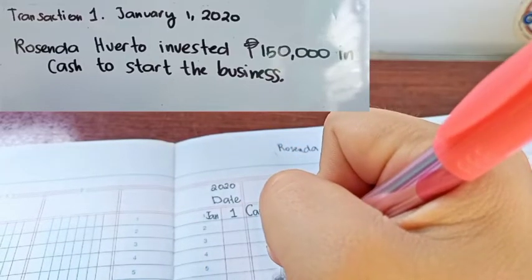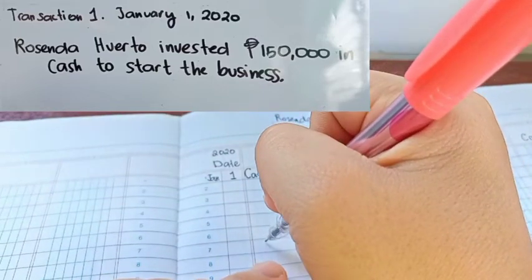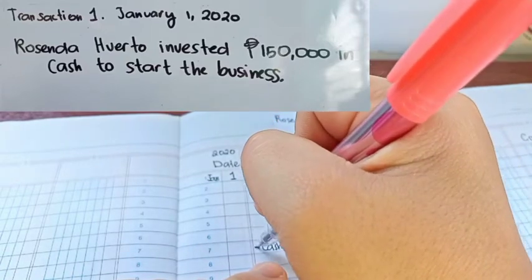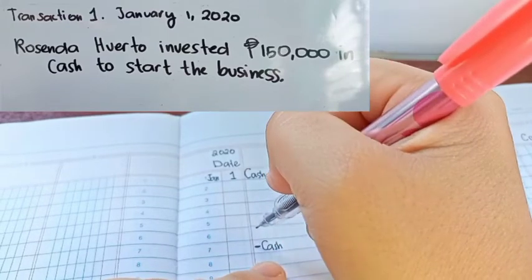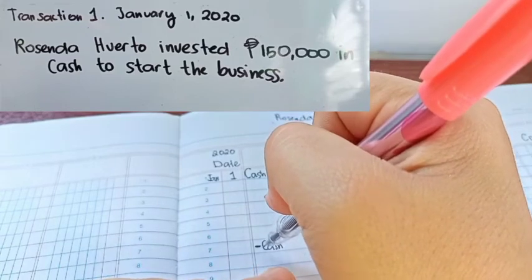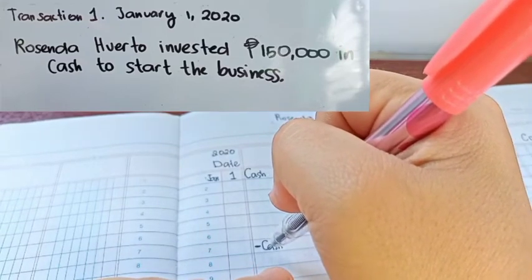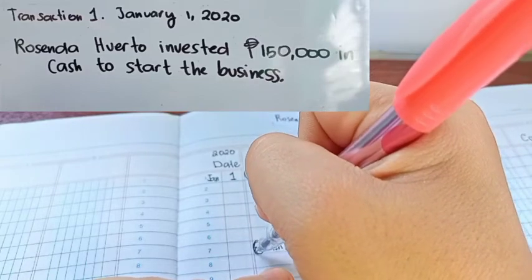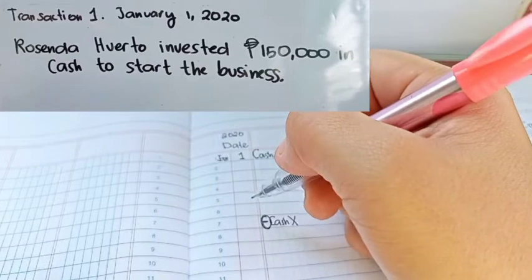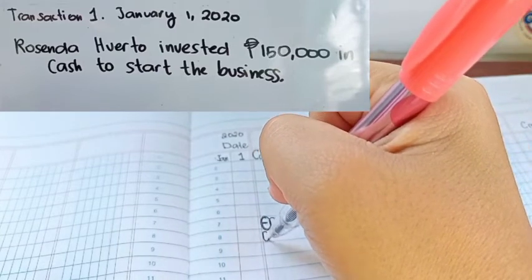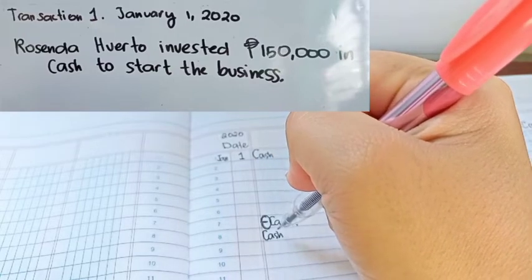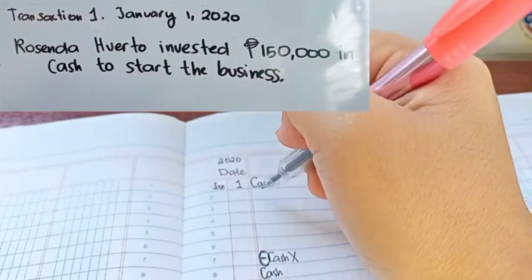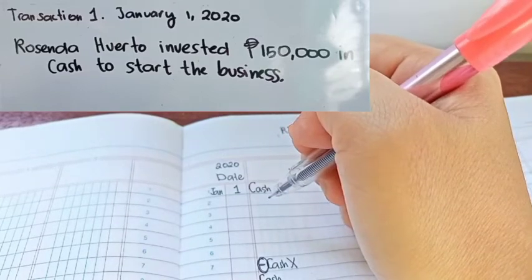This is very wrong: some students leave a space here when they write debits. Do not put a space there, because if you put a space, it means the account is classified on the credit side. If you put debit accounts, they should be placed right here with no space. That is the correct placement of debit accounts.